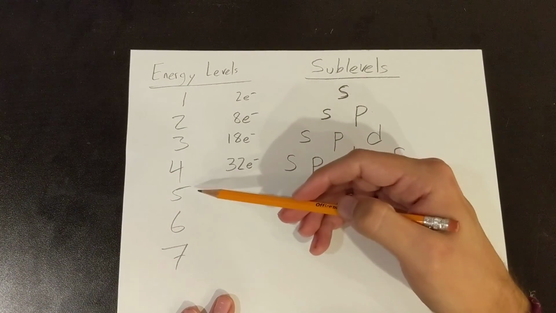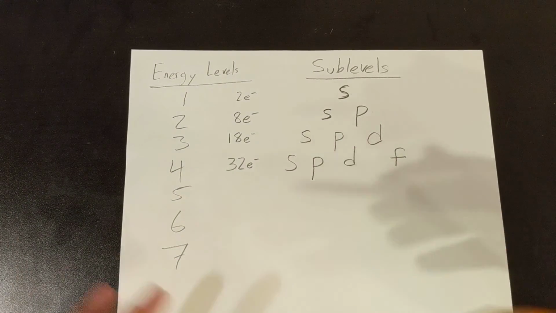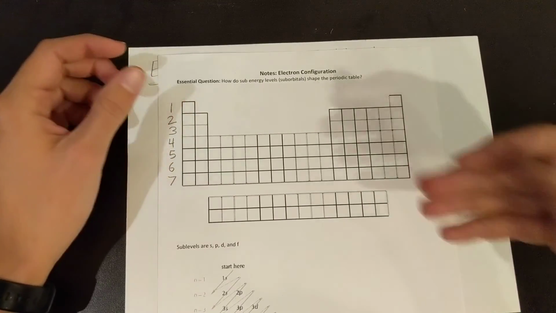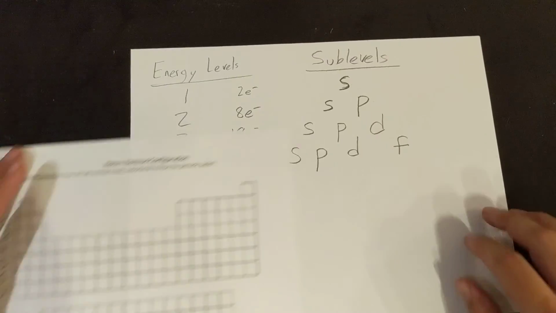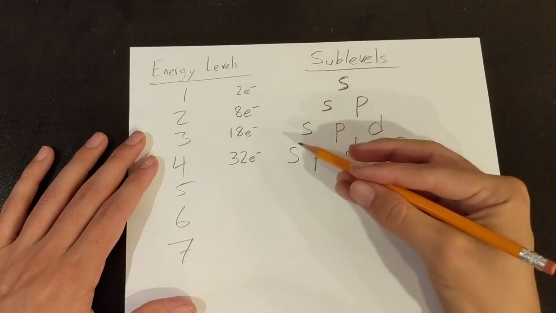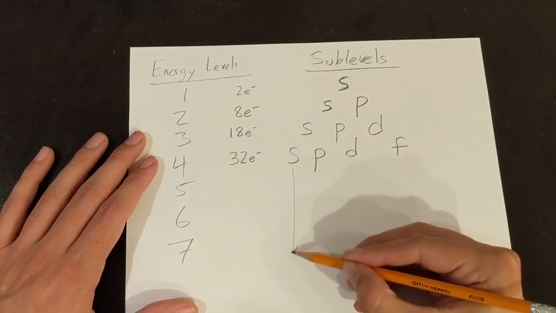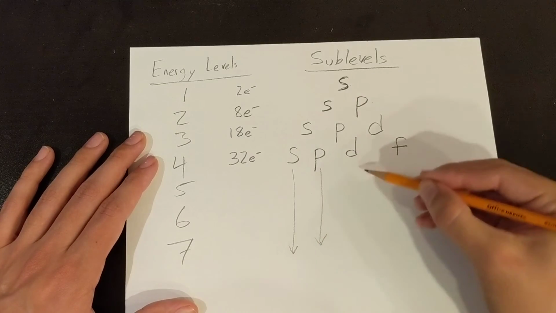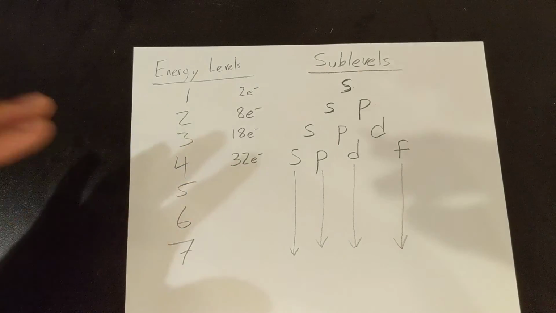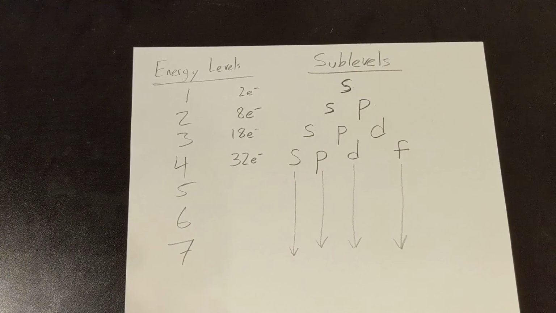Theoretically, every energy level that we go down, we add another sublevel. But there are only so many elements on this periodic table. It turns out that after we hit F, none of the other sublevels get filled in with elements. So we can draw lines just going straight down here, and SPDF are the only sublevels that we have to worry about.